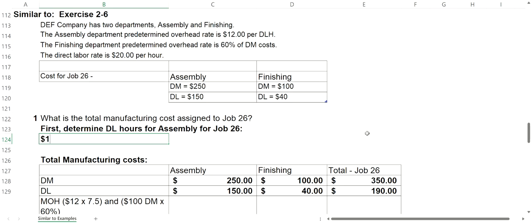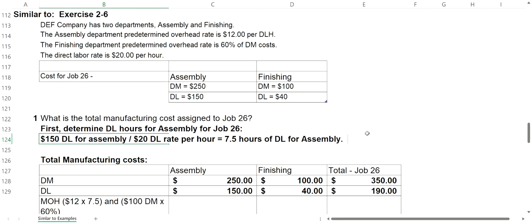We want to take the $150 direct labor cost for assembly and divide it by the $20 direct labor rate per hour. That will give us 7.5 hours of direct labor for the assembly department.